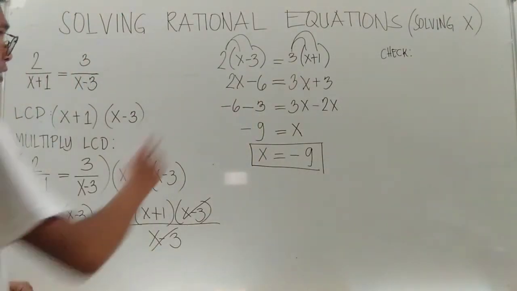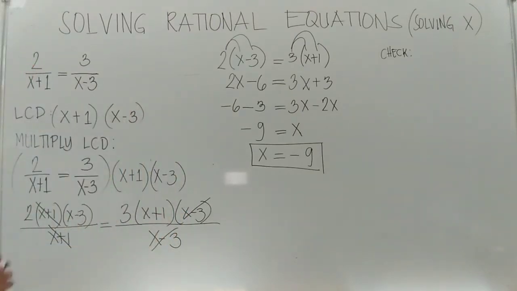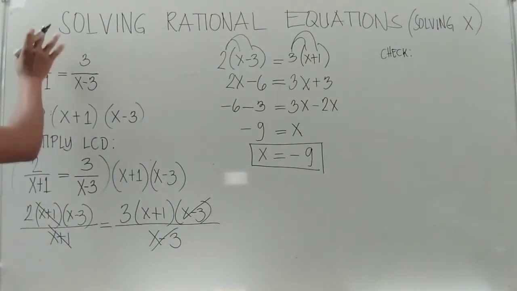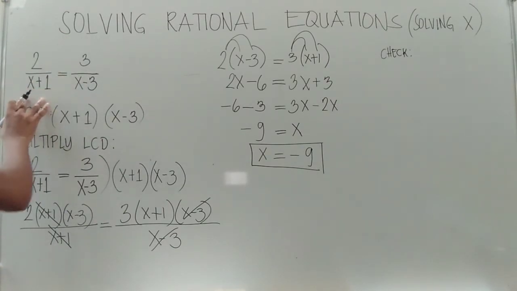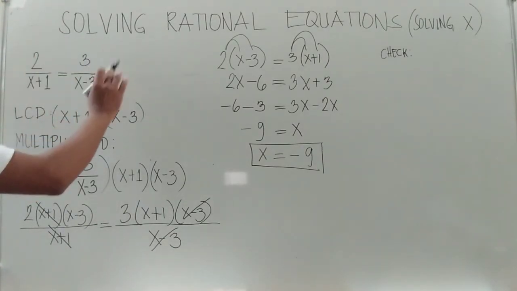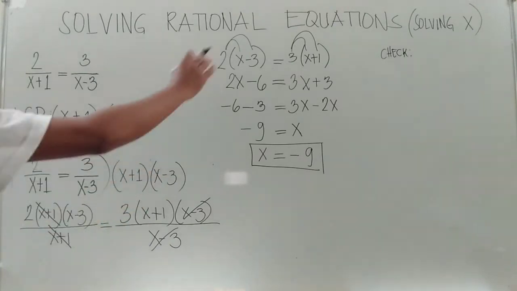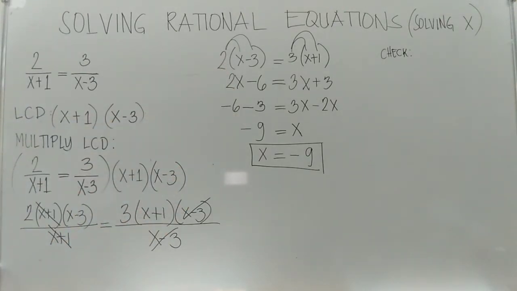Okay? So to make it easier in this example, where you have one rational expression on the left side and one rational expression on the other side, we can use cross multiplication. So some are using cross multiplication, but this is the basic and fundamental step.